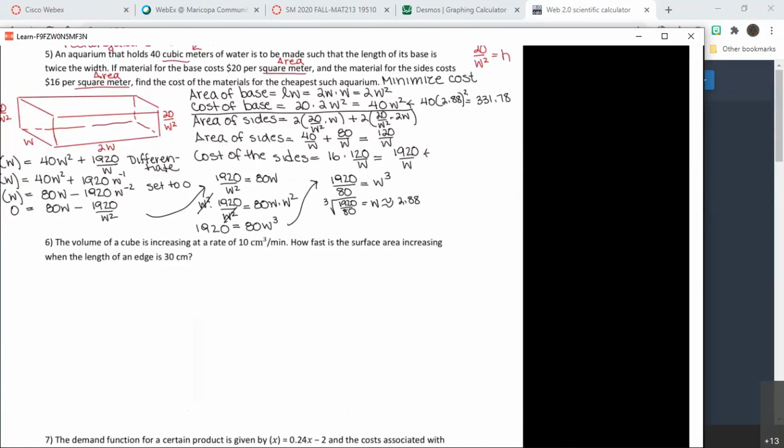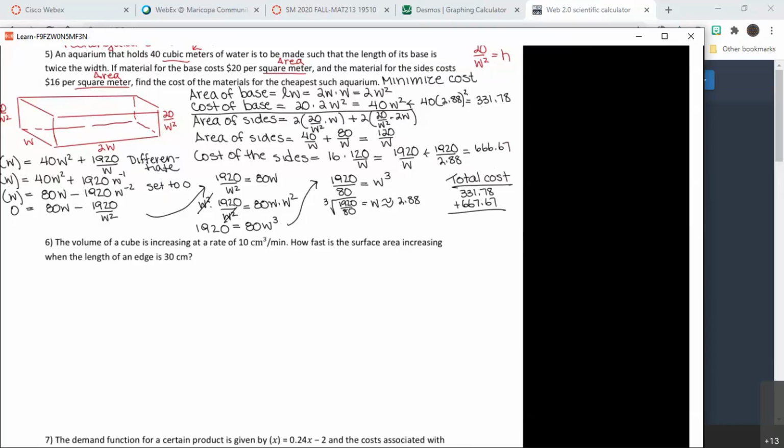Here's the cost for my sides, 1920 divided by 2.88. And again, these are approximate, rounded to the nearest cent. So my total cost for the aquarium is 331.78 plus 667.67.